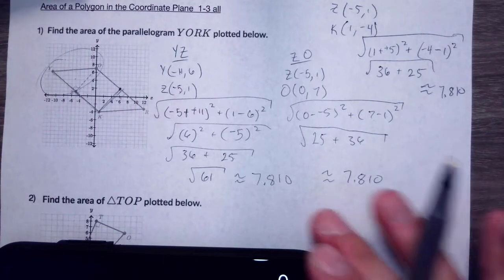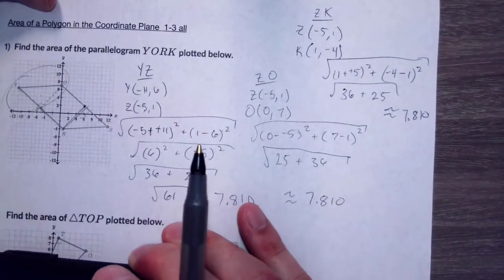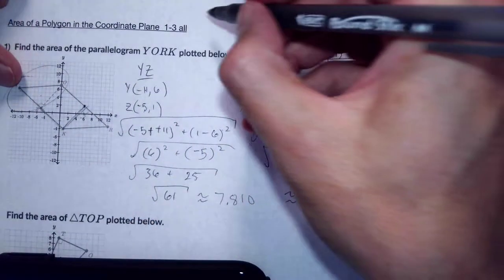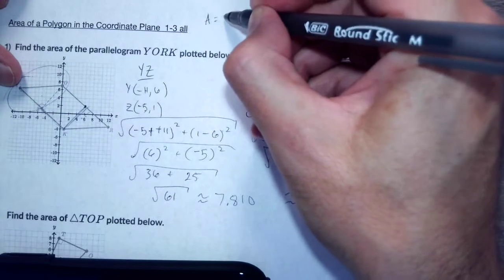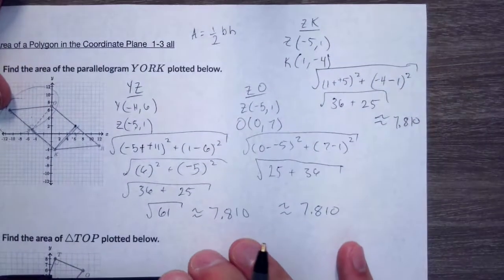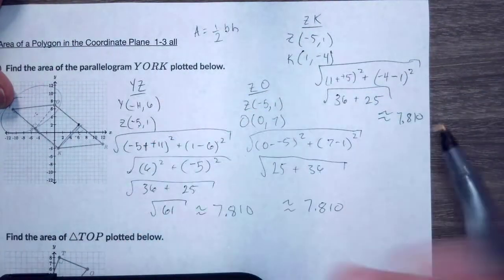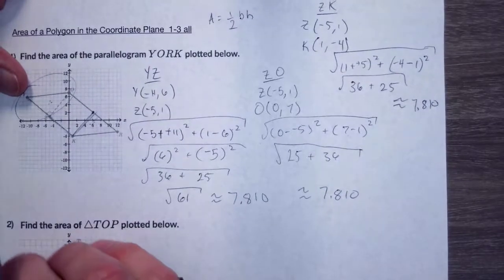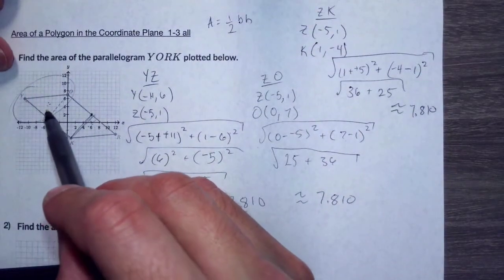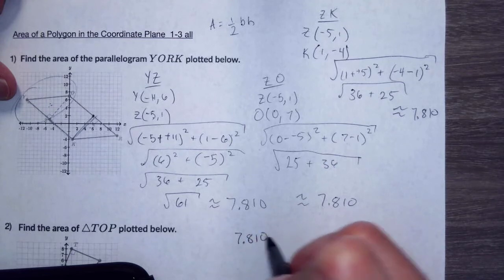It's taking a little bit, but these ones will be really simple, really easy. So that's why I'm doing this one for you. Let's see, if I use area equals 1/2 times base times height, and I'm trying to get this triangle, I'll multiply it eventually by 2. So this would be 7.810.